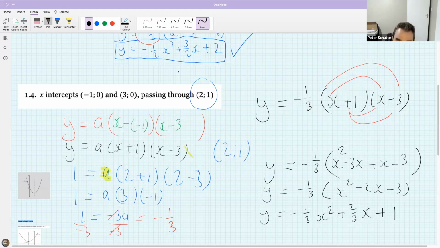So the final answer should be minus a third x squared plus 2 over 3x plus 1. And the reason I have pluses is you have a negative in front and a negative inside for these ones, and so that's why when you multiply them. Also, if you're not very good with fractions, don't be afraid to use your calculator to do this.